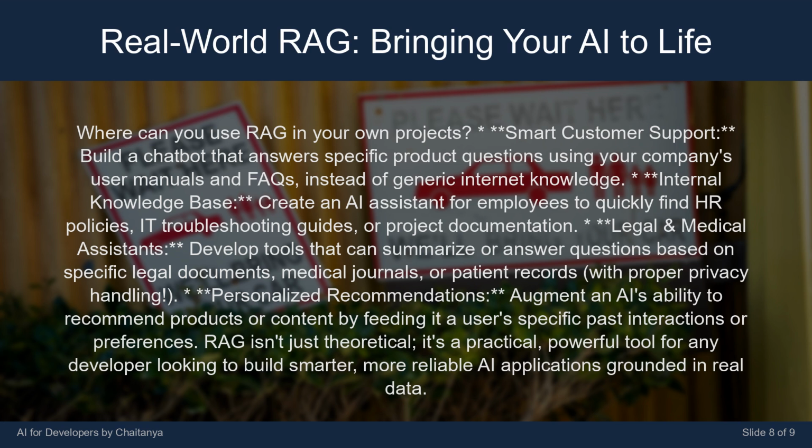Legal and medical assistance: develop tools that can summarize or answer questions based on specific legal documents, medical journals, or patient records, with proper privacy handling. Personalized recommendations: augment an AI's ability to recommend products or content by feeding it a user's specific past interactions or preferences.